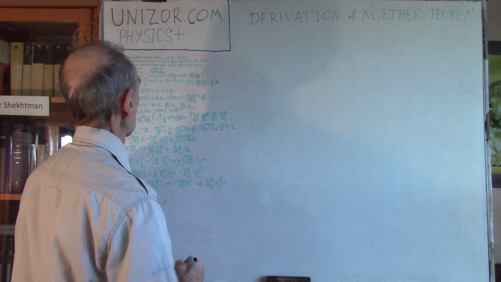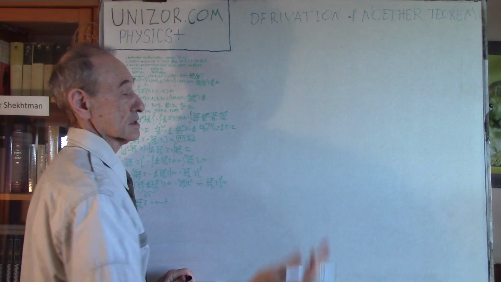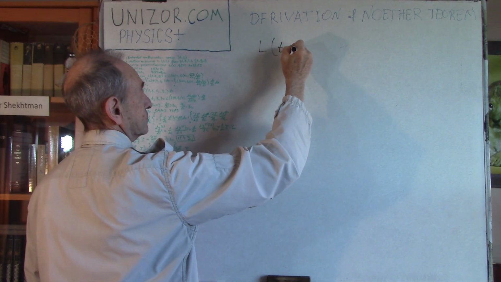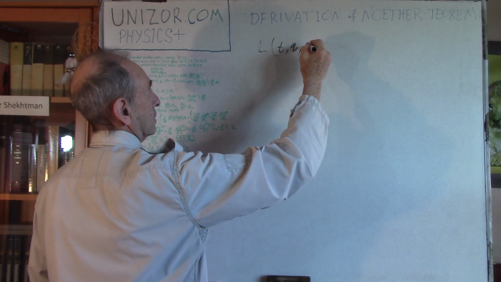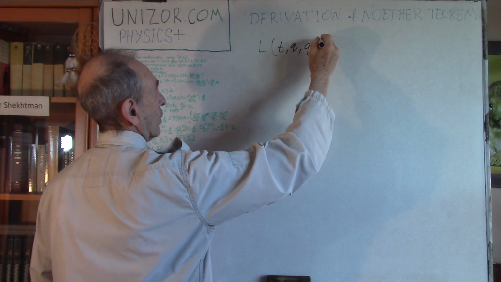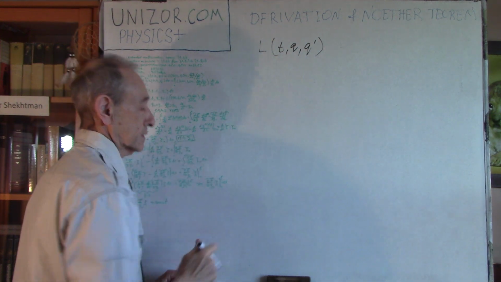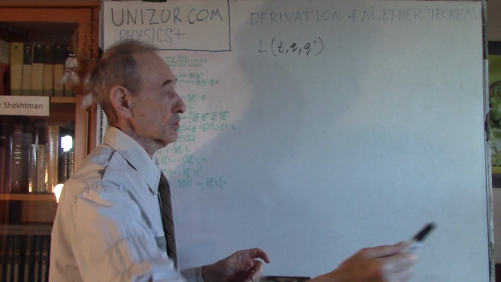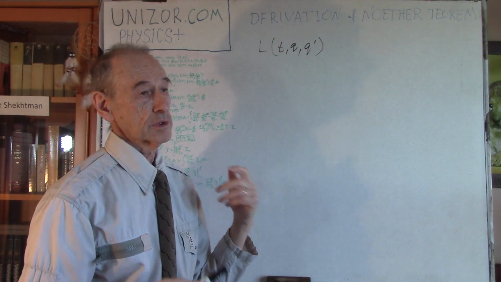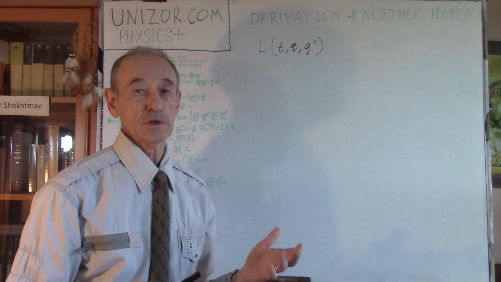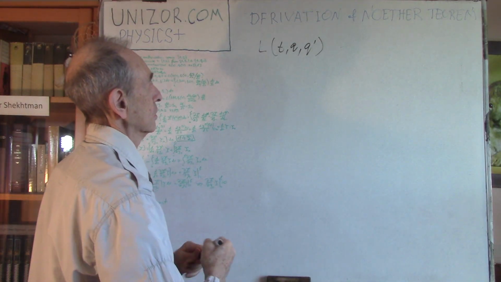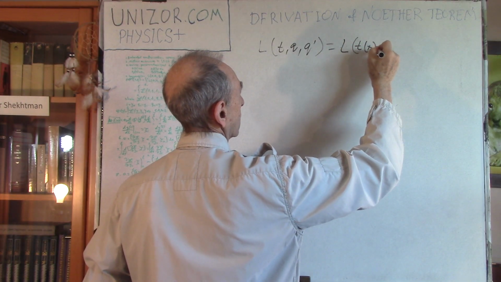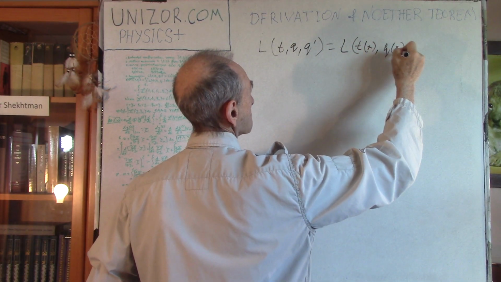Next, this is a physical object, and it has a Lagrangian, a function of t, q and q prime. The letter q represents q1, q2, q3, etc., qn, and the prime usually represents the time derivative. So this can be done this way: this is t of x, q of x.